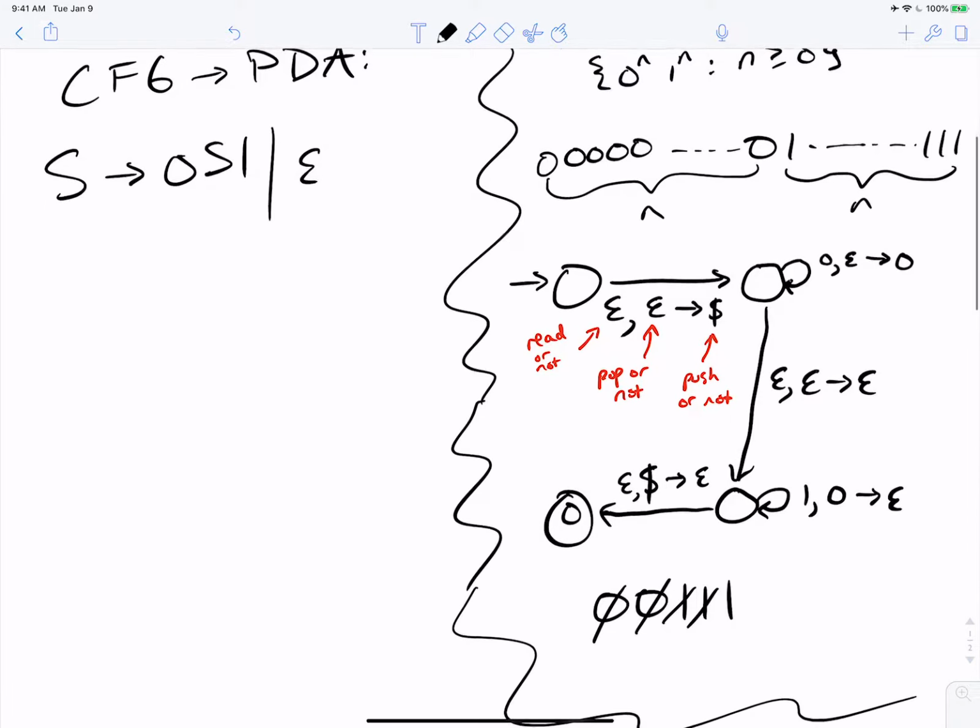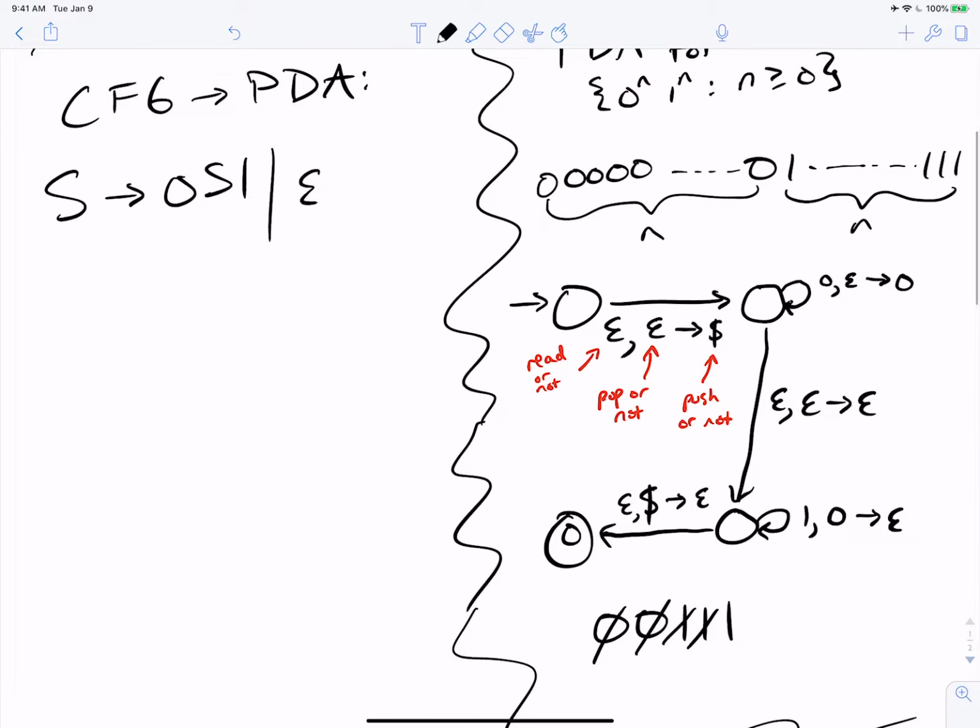So what could we do? Well, we were simulating the derivation on the stack. If a variable was at the top of the stack, we applied one of the rules for it. So if S was on top, we could either replace it with 0S1 or empty. And if a terminal was on top of the stack, we read it off of the input at the same time that we were popping it off the stack.